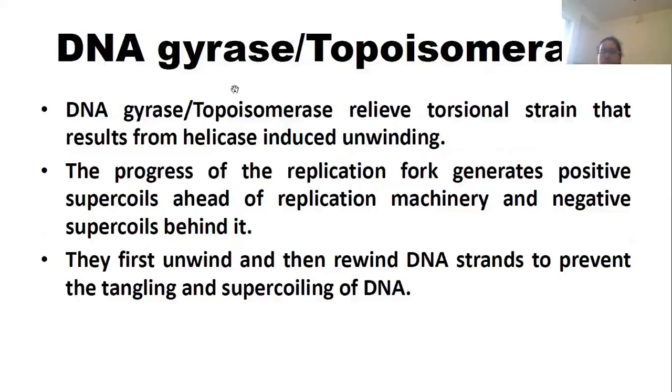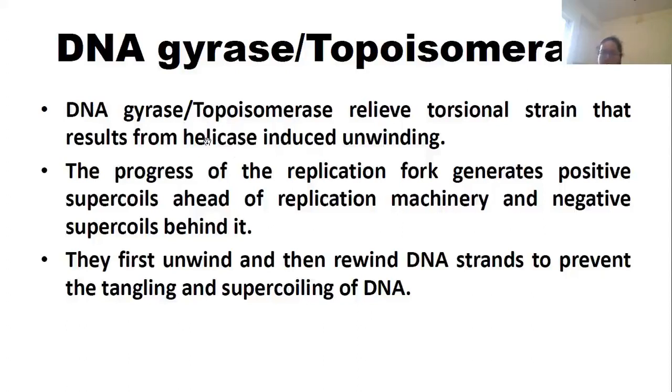Now the next enzyme is DNA gyrase or topoisomerase. As DNA replication proceeds, there is a buildup of torsion or strain in the DNA. If that strain or torsion is not removed, then DNA replication won't proceed successfully.